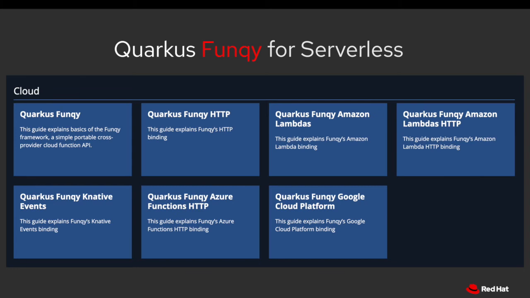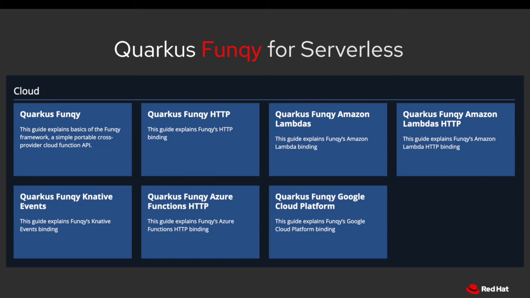They may really prefer a specific serverless platform like Knative with Kubernetes, or Amazon Lambda, or Google Function, or Azure Function, or any other serverless platform. So Quarkus allows the Java developer to have a portable Java API that can be deployed to any serverless and FaaS platform. This is a new strategy of the Quarkus application framework.